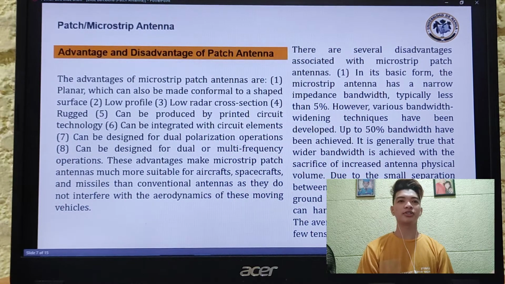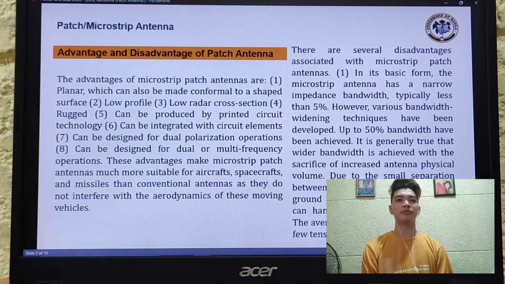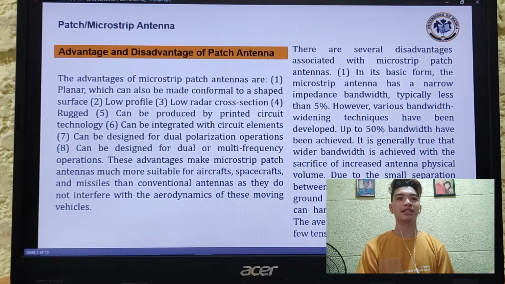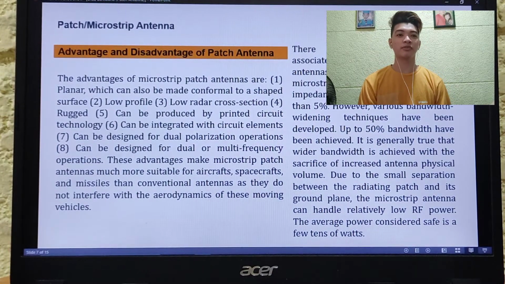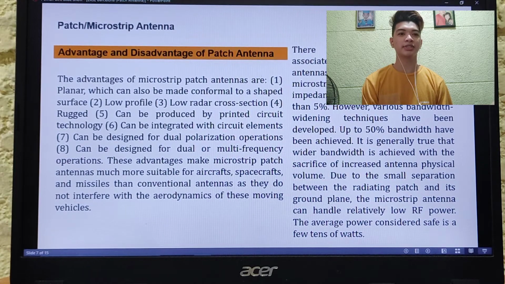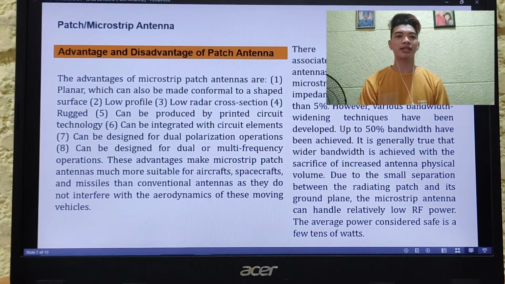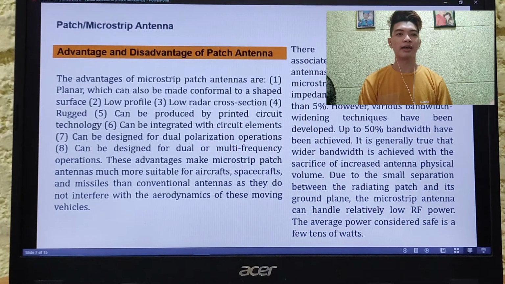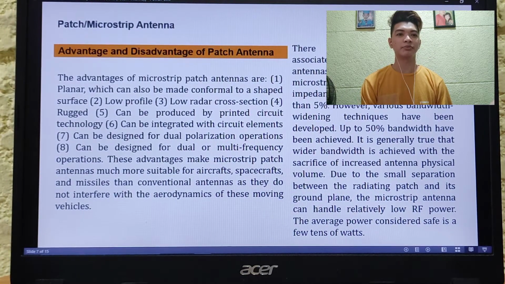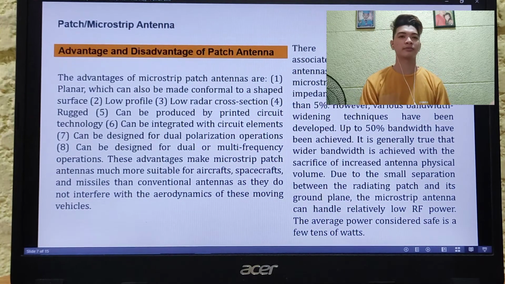It is generally true that wider bandwidth is achieved with a sacrifice of increased antenna physical volume. Due to the small separation between the radiating patch and its ground plane, the microstrip patch antenna can handle relatively low RF power. The average power considered safe is a few tens of watts.